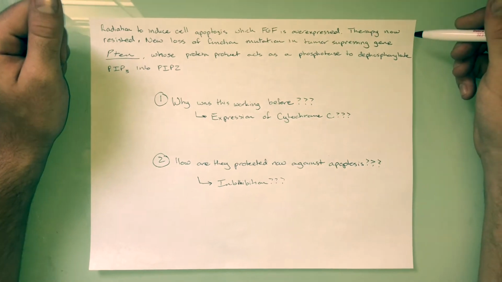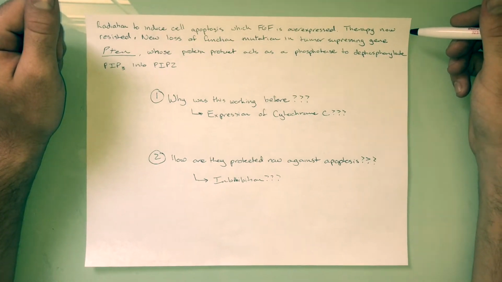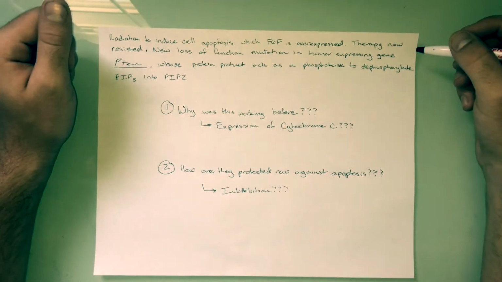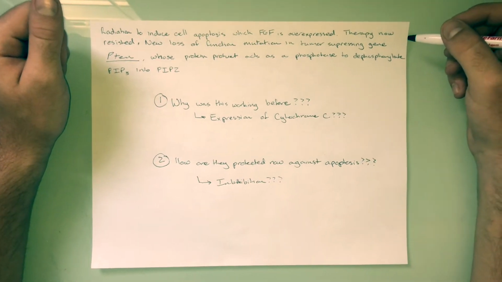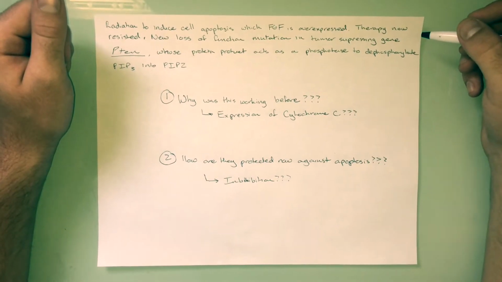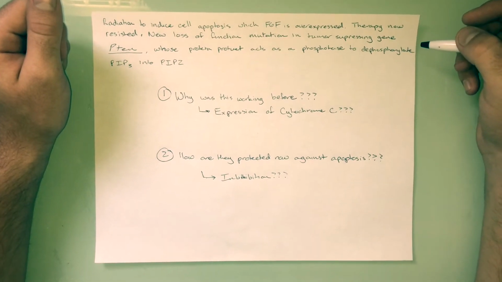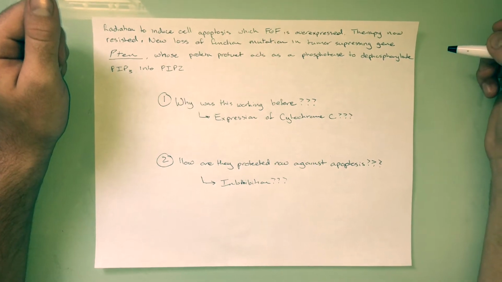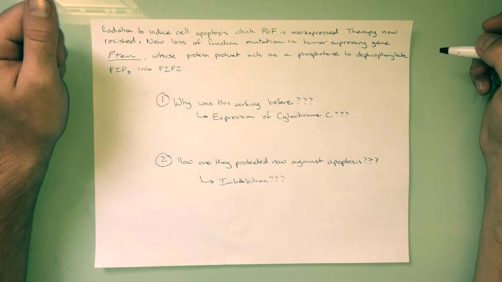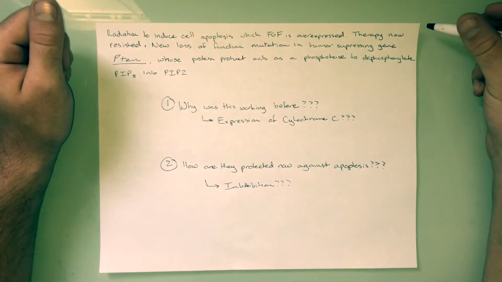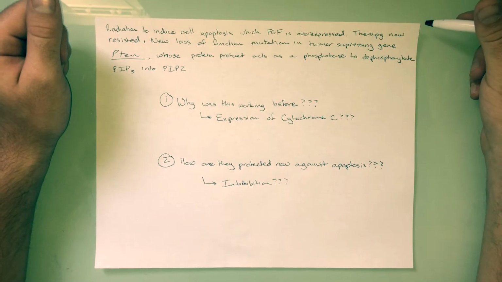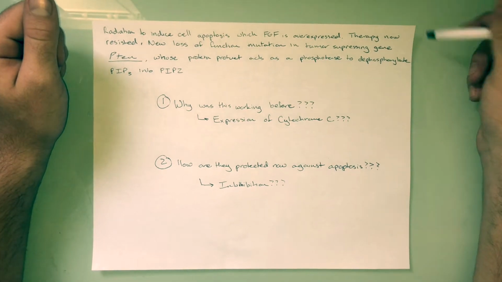But we see that there's a trigger mutation in a PTEN tumor suppressing gene that causes the protein product to not act as a phosphatase to dephosphorylate PIP3 into PIP2, which then blocks against apoptosis and allows the cell to continue to function and progress and proliferate.